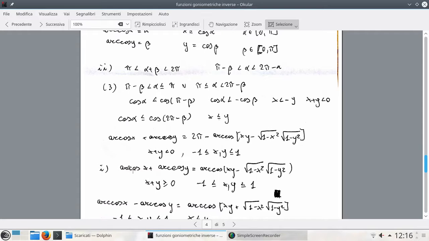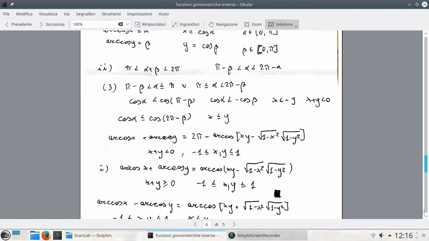The second relation can be obtained by complementarity. So we have arccos x plus arccos y equals arccos of (xy minus square root of 1 minus x square times square root of 1 minus y square), with x plus y not negative and minus 1 not greater than x and y, not greater than 1.